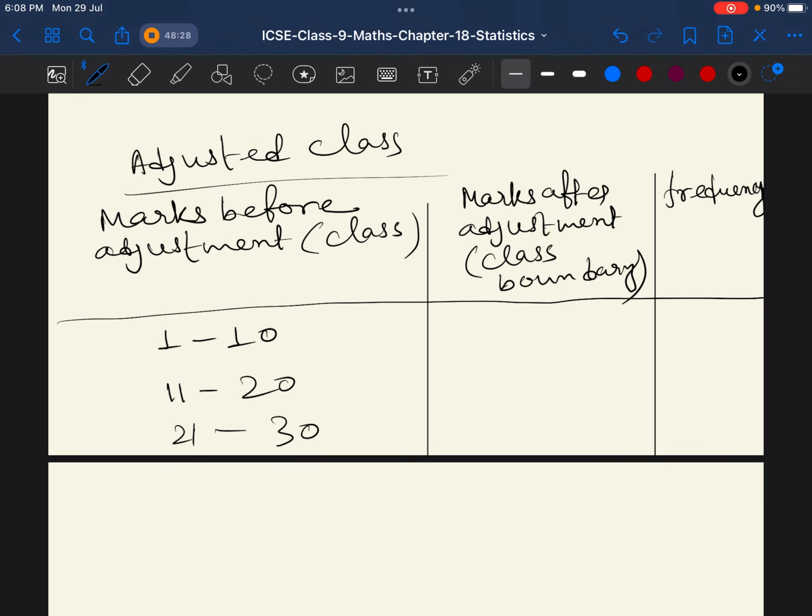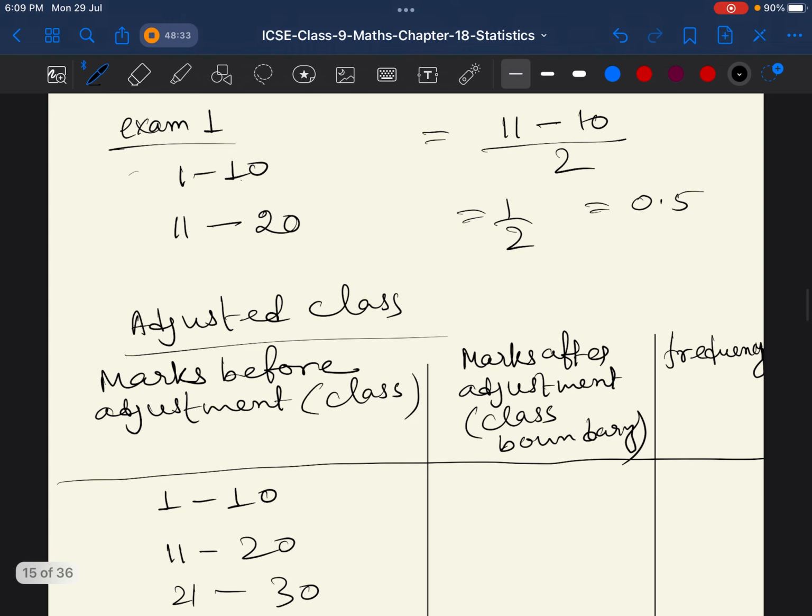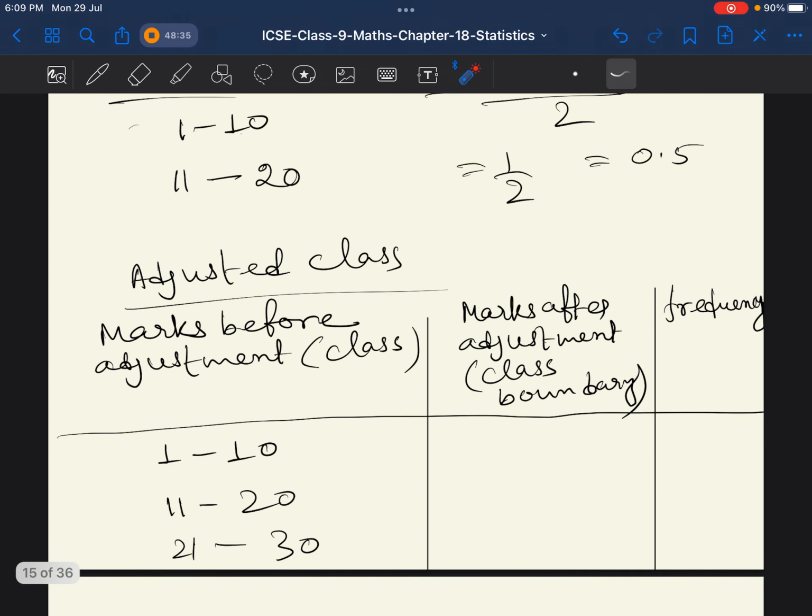So marks after adjustment: subtract this adjustment factor 0.5 from the lower limit and add 0.5 to the upper limit. We subtract 0.5 from 1 and add 0.5 to 10, so this will be 10.5.